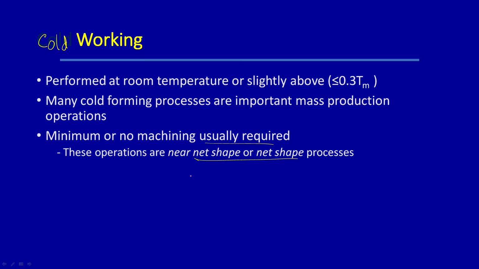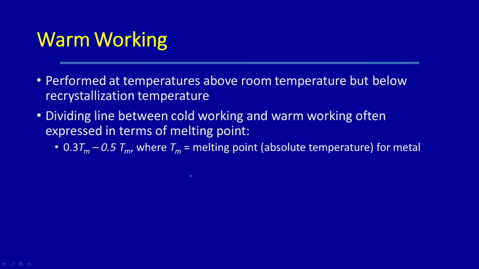Now cold working is performed at less than 0.3 Tm, and this is important for mass production operations. Cold working is very good because it does not lead to any surface change, and therefore no machining or minimum machining is required, so cold working can lead to near net shape forming processes.